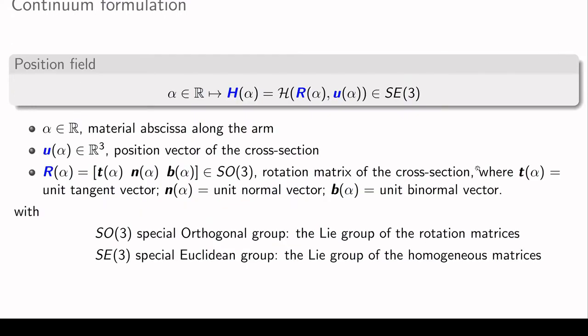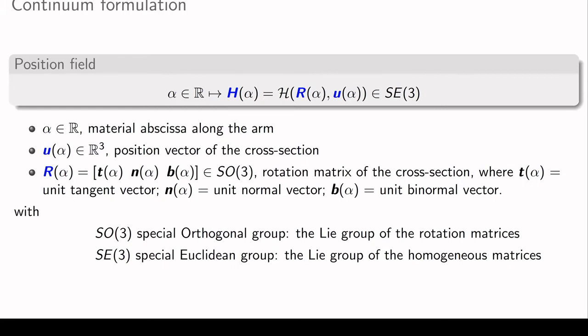So with respect to the continuum formulation, the position field maps the material abscissa alpha into the homogeneous transformation matrix, which evolves in a continuous way along the curve. This homogeneous transformation matrix is part of the special Euclidean group SE(3), the Lie group of homogeneous transformation matrices.